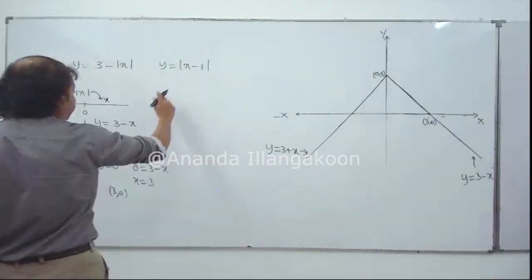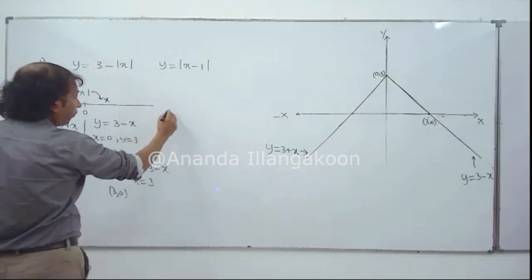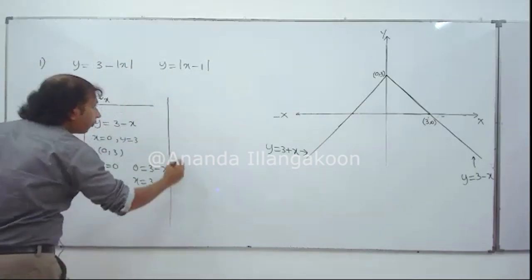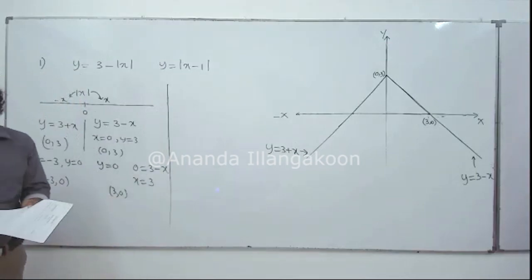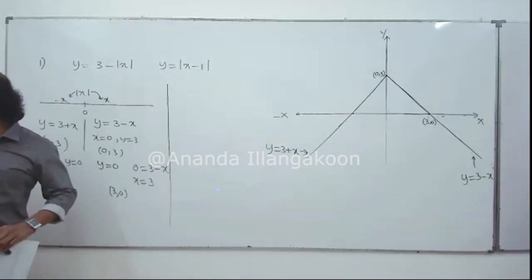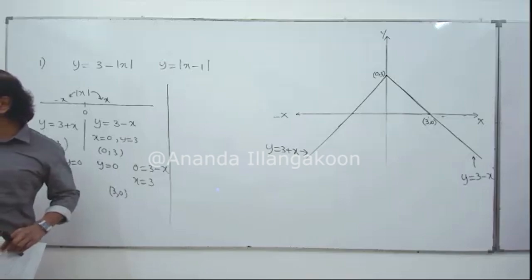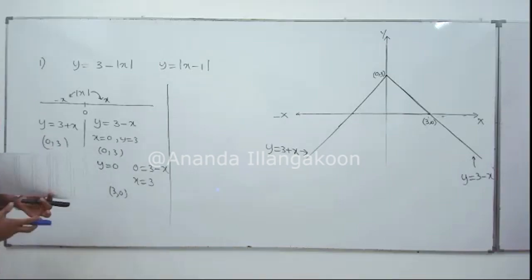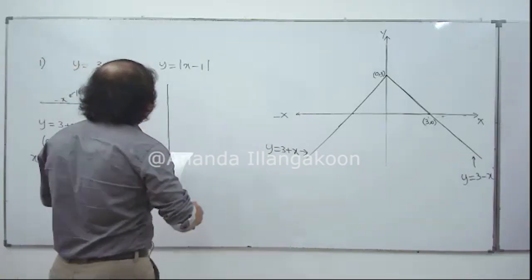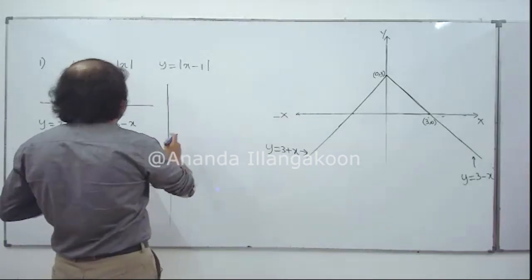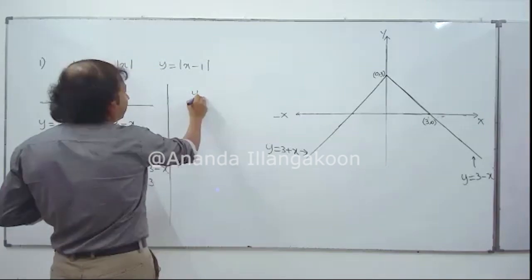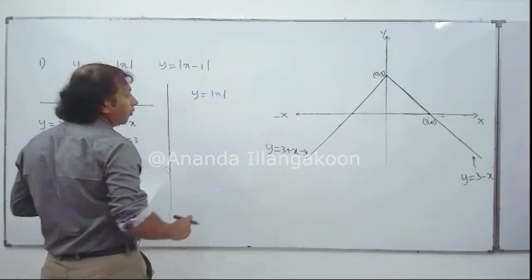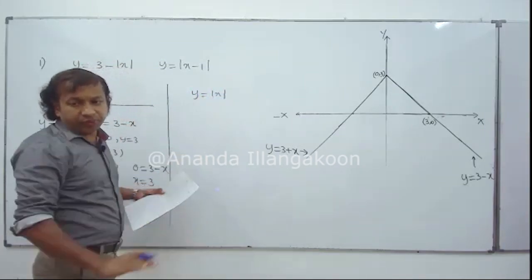Second line is okay. Right. That is mod x minus 1. You know, this mod x minus 1 graph is really the mod x graph shifted down by 1, you get that, no?